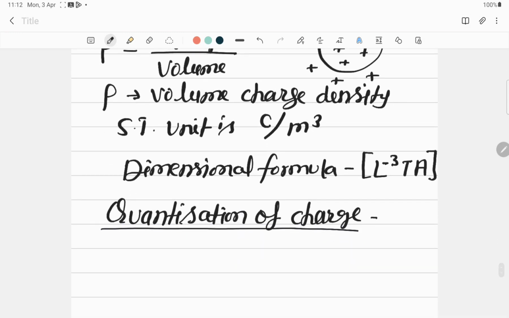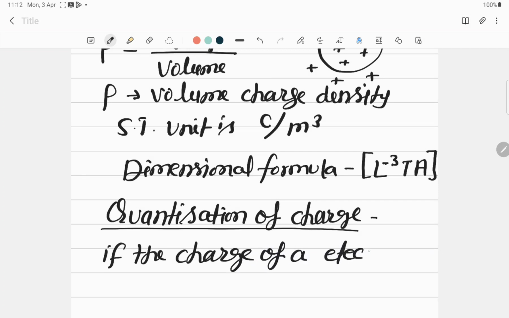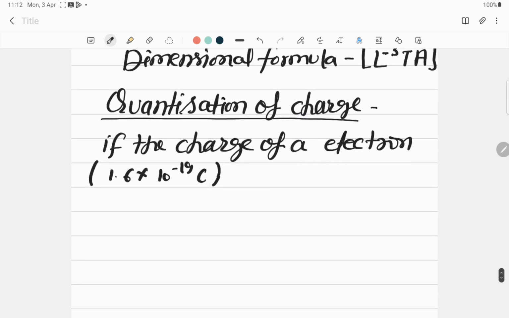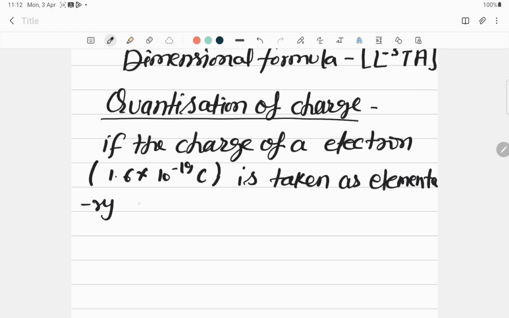The charge of an electron, how much is it? 1.6 into 10 to the power minus 19 coulomb is taken as the elementary unit, that is, the quanta of charge.